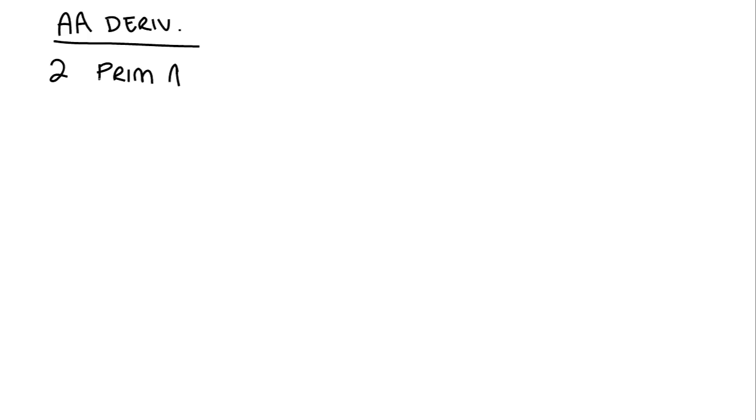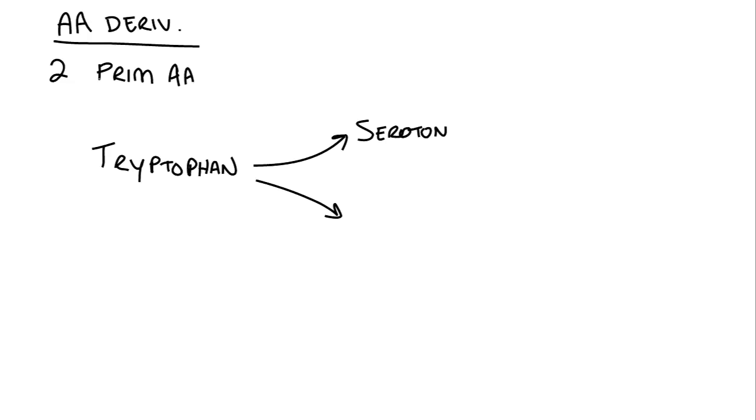The first one we're going to talk about is tryptophan. Tryptophan can then break down into either serotonin or melatonin. Serotonin has a dual function. It's not only a hormone, but it's also a neurotransmitter. So we call that a neurohormone.